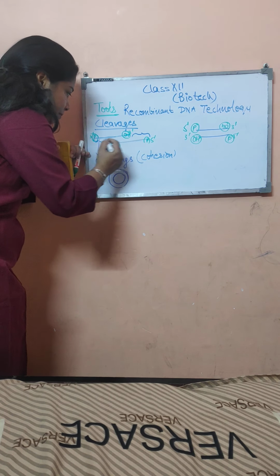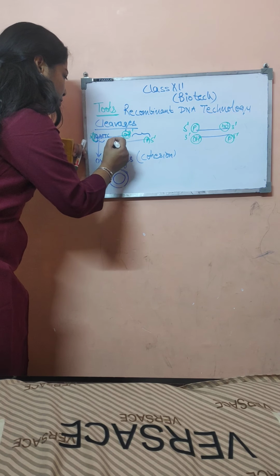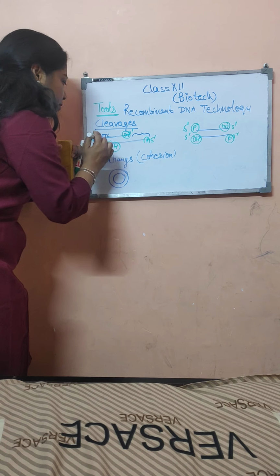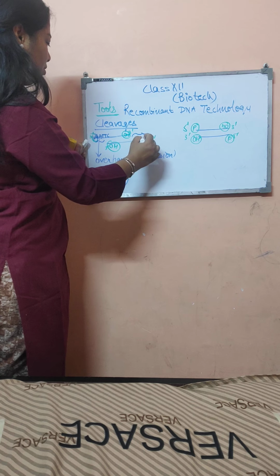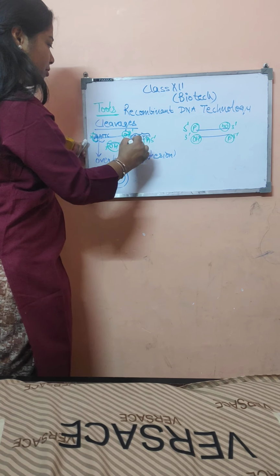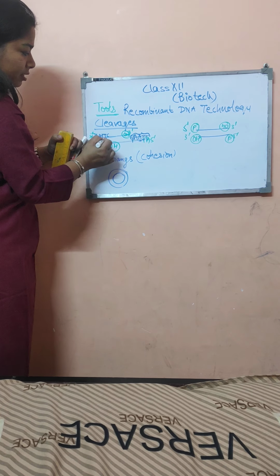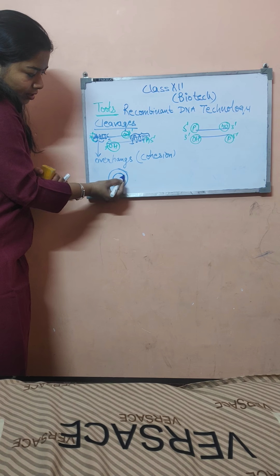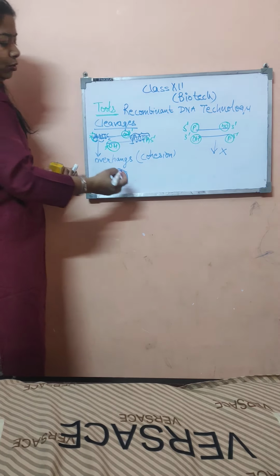These can form complementary pairs, meaning this A can bind to this T, this T can bind to this A and this C can bind to this G. So this forms a structure and they can easily recoil, while this cannot happen in blunt ends. Therefore, it is known as sticky ends.